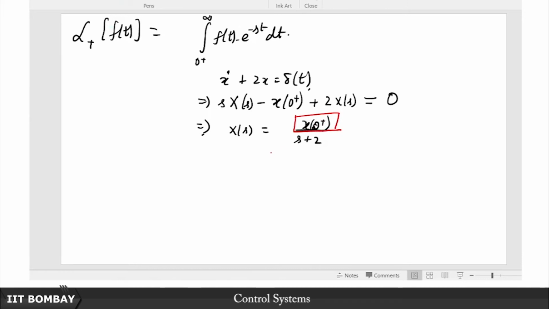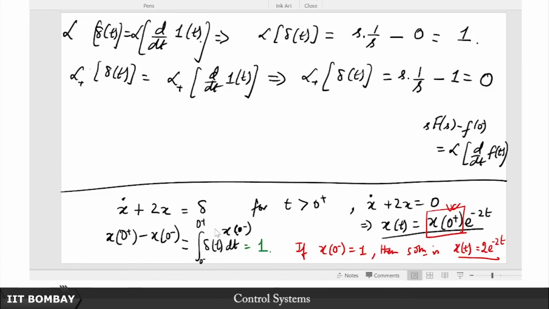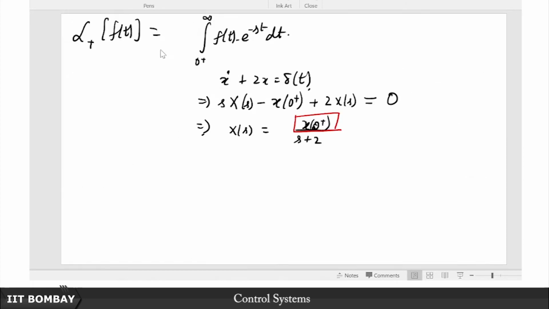What do we do then? It turns out we have to again resort to the same argument that we resorted to when we were solving it in the classical manner. So then what is the point of all this, right? And you would be right to question that.